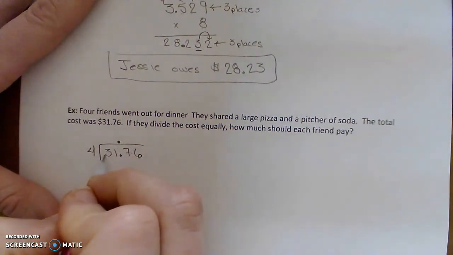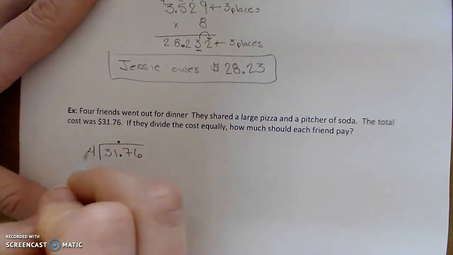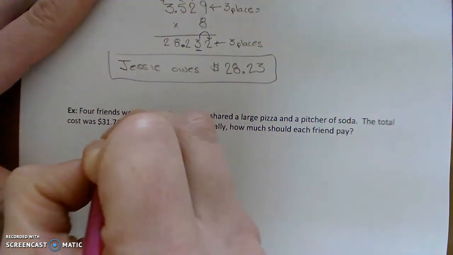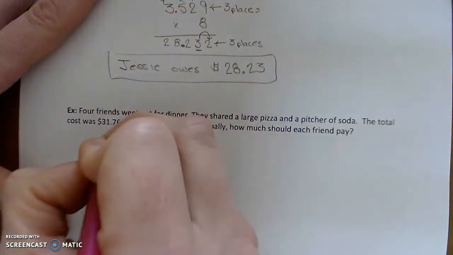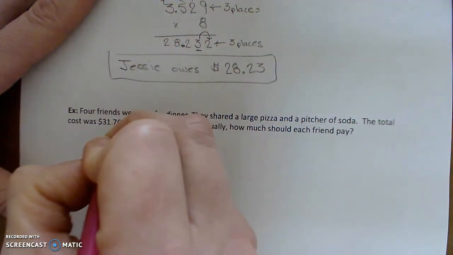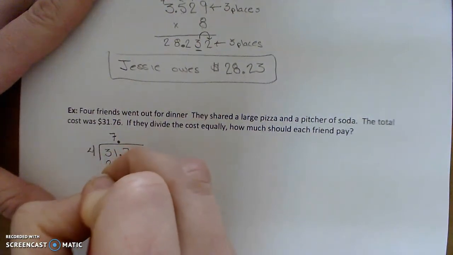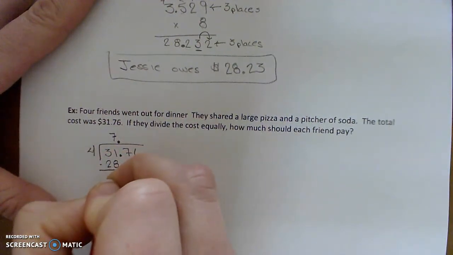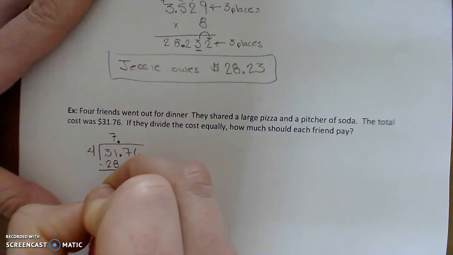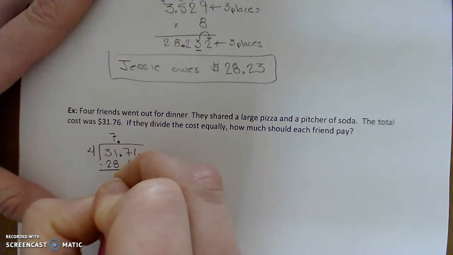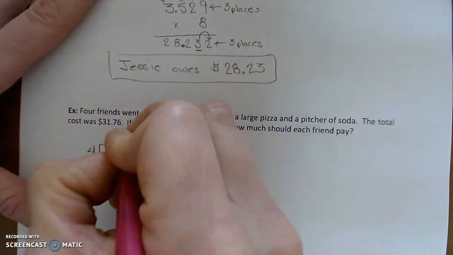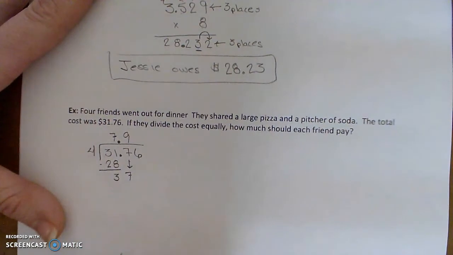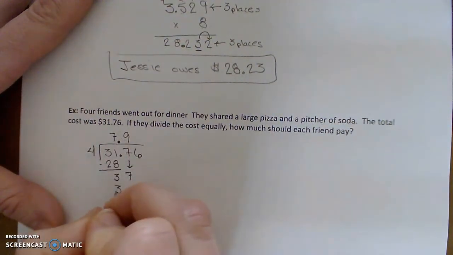4 goes into 3, it doesn't. 4 goes into 31. 4 goes into 31 7 times. 7 times 4 is 28. And now we'll subtract. The difference is 3. Bring down the next digit. 4 goes into 37 9 times. 9 times 4 is 36.